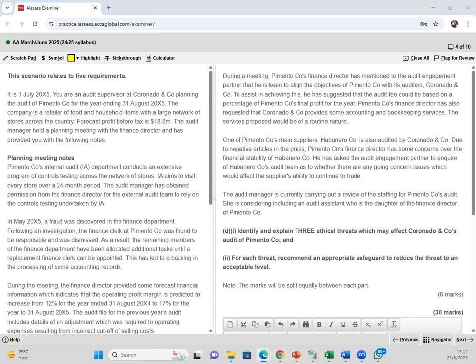Can I ask you, Barbara, if you can get one ethical threat and its safeguard. Wilma, you get one. I will also get mine. Then we move. So starting with you, Barbara, what is the ethical threat, any that you have identified?